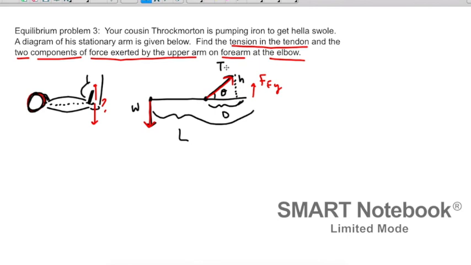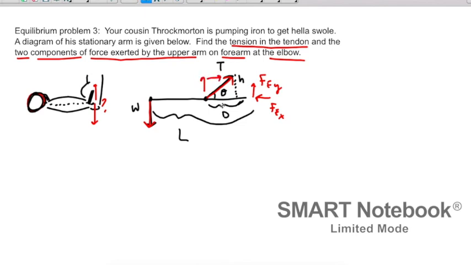Well, think about this. This tension force is going up and to the right. That right force, that positive x component of the tension force, is the only x force I have in the whole system. So to be in equilibrium, I know that the force at the elbow in the x direction must be pointing left to counteract the right component of the tension force.